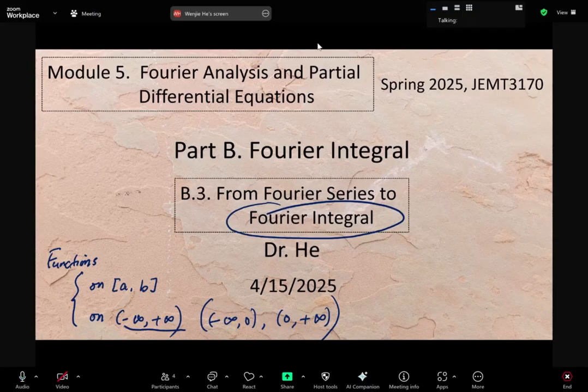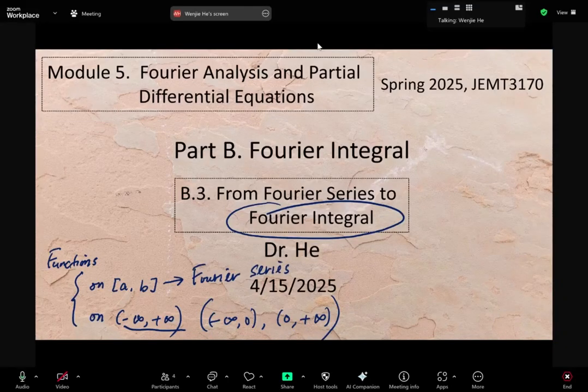In the finite interval case, all the functions defined on finite intervals, if they satisfy a certain condition, then we can use Fourier series to represent those functions.